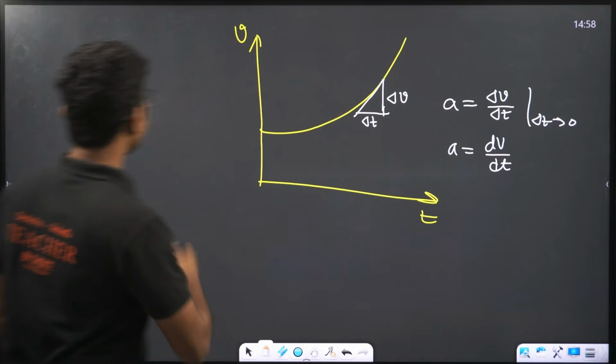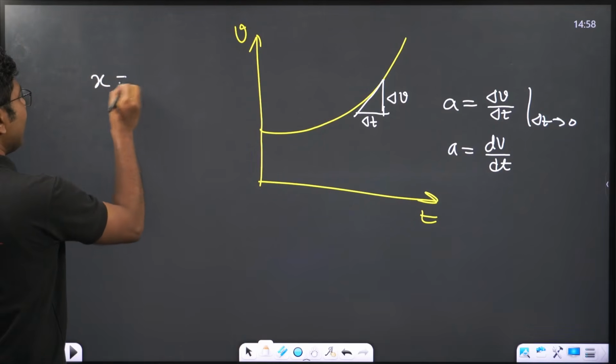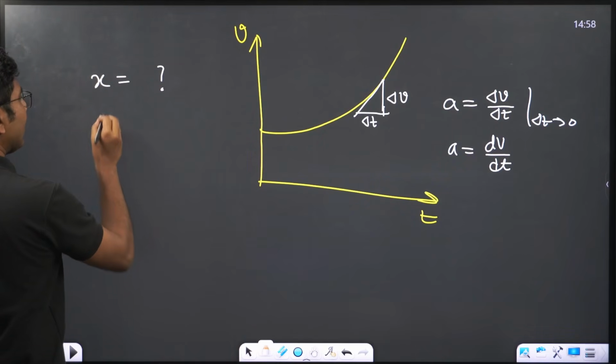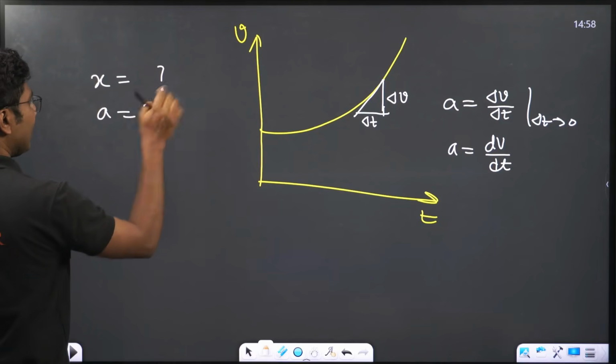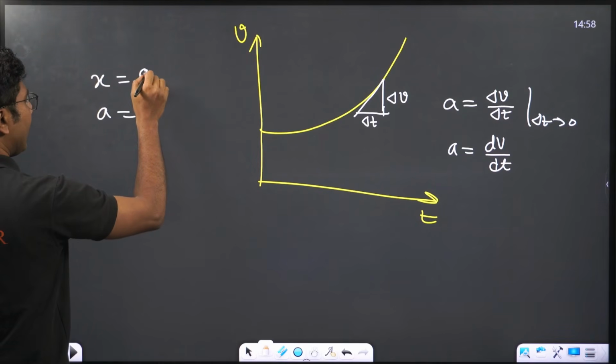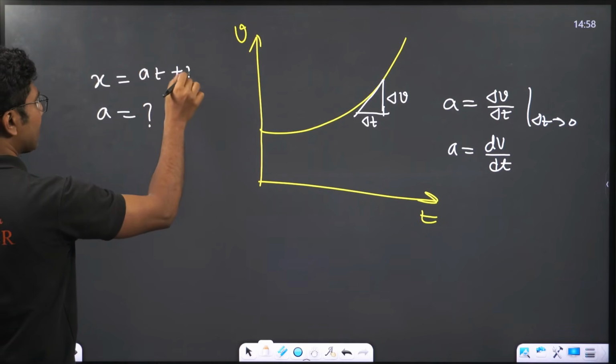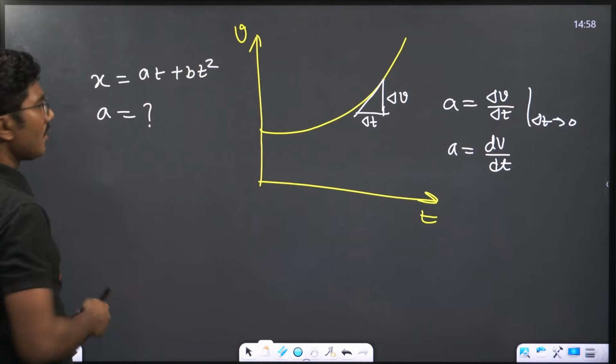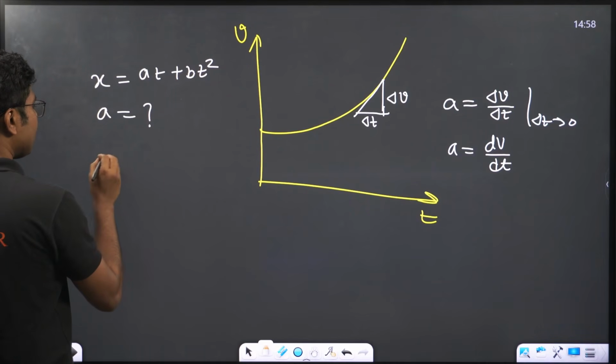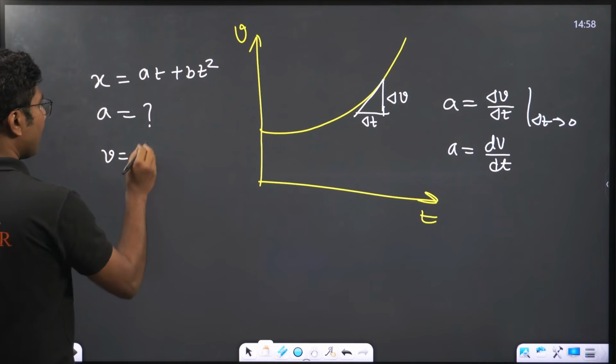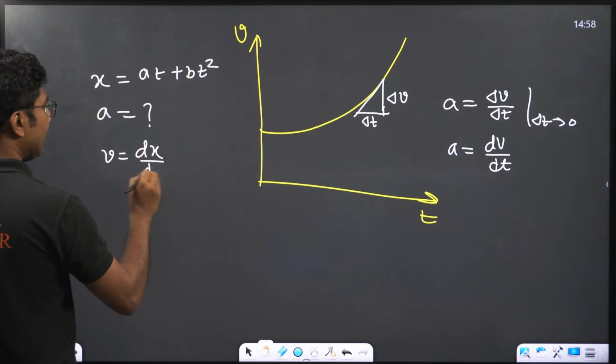Okay, so for example, if x is given some value, and they are asking what is acceleration. Suppose x is given as a plus bt square, something like that. Then what is the acceleration? First step is to calculate velocity by doing dx by dt.